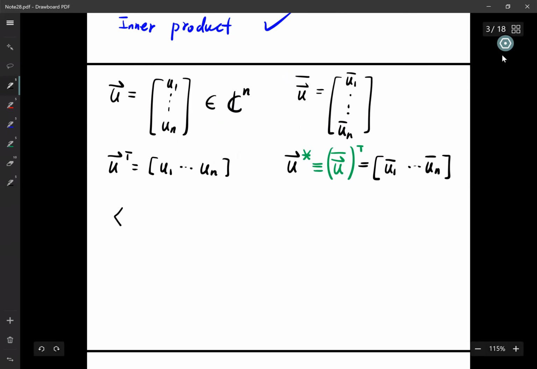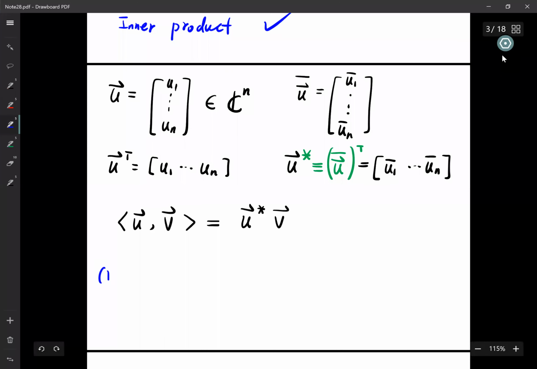Using this notation, just like in the real case, now the inner product of u and v, I can write it to be u star v.